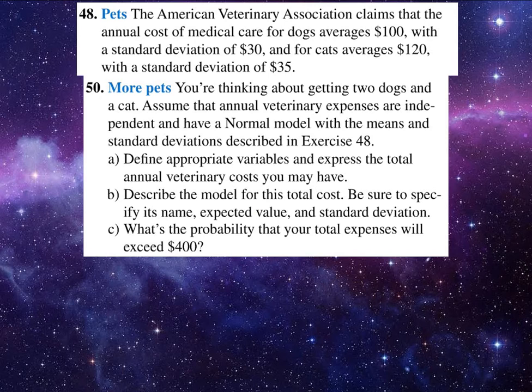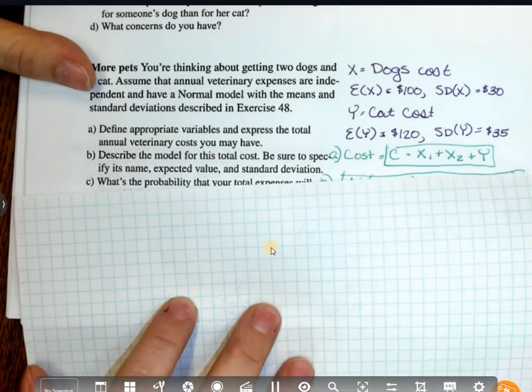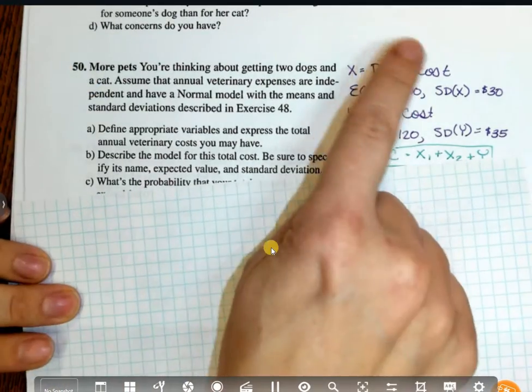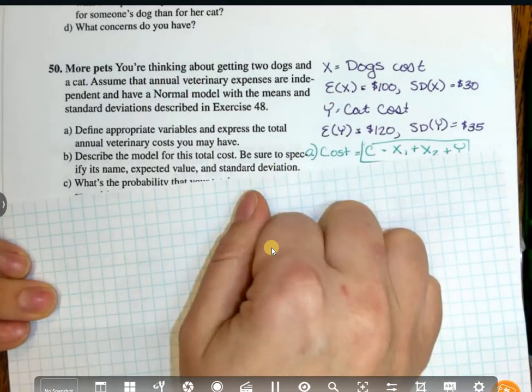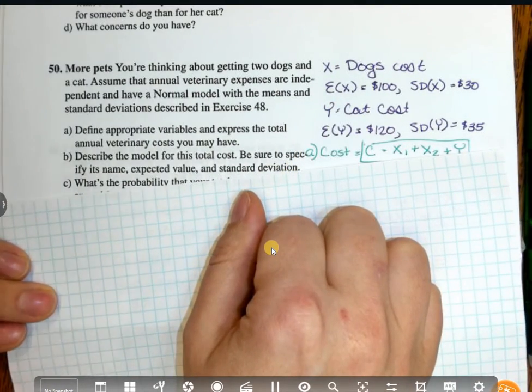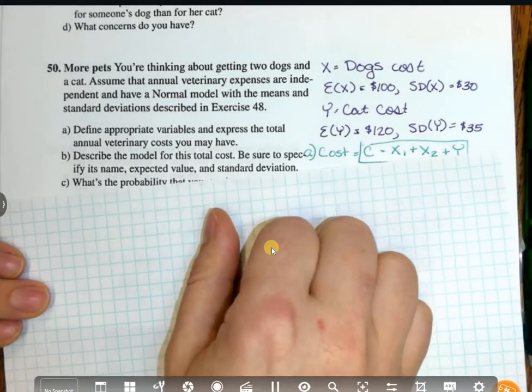First off, when we're talking about defining the variables, you might not have this down from when we did it last class, but you need to talk about what each of the little pieces are. If you want to use D and C for cats and dogs, more power to you. I don't care. Just make sure you're using a capital letter. Make sure you're identifying your expected value and your standard deviation.